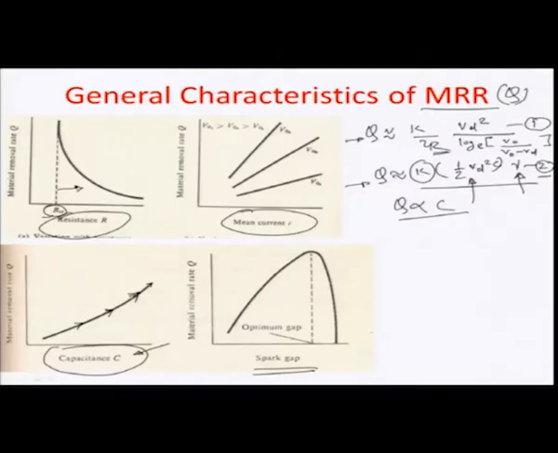Let us look at the variation of material removal rate with respect to mean current I, as can be found in this graph here. You can see that there are different operating voltages, VO3, VO2 and VO1, with an interrelationship mentioned at the top left corner of the graph. The operating voltage VO3 is the highest, followed by VO2, followed by VO1.